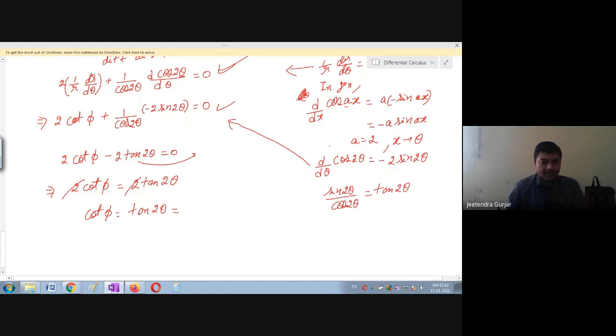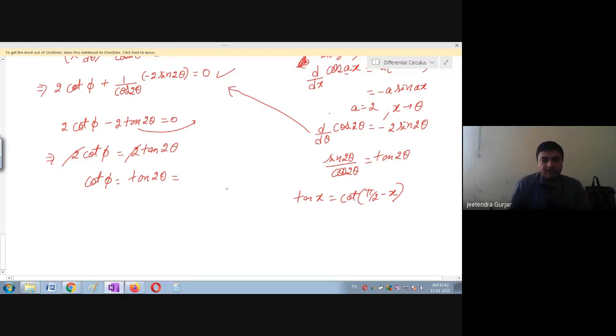Rather than that, I think you have come across that tan x can be written in general as cot of pi by 2 minus x. Have you come across this formula, students? Yes, sir. Yes, very well. So in general this formula we will be using, but for this particular example, tan 2 theta can be written as cot of pi by 2 minus 2 theta.